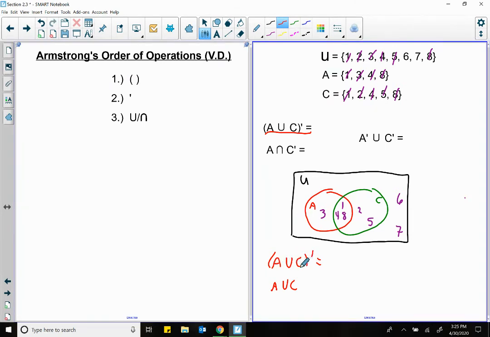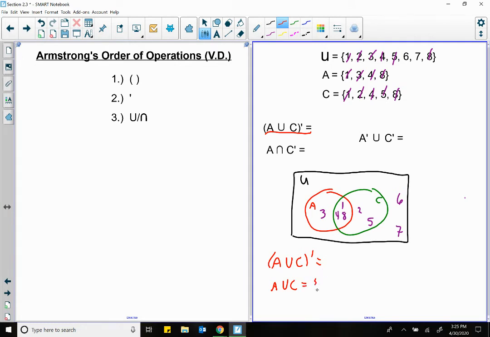And we have parentheses here. And then it says complement. Well, we can't touch that complement. It's outside the parentheses, so we move on. And we deal with union and intersection. Because again, this complement is outside the parentheses. And the first thing we deal with is inside the parentheses. So that's why we're going to do A union C.